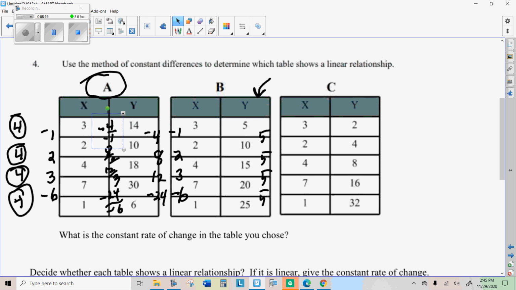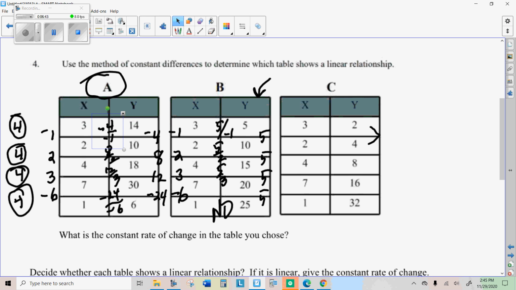And if you divide the difference in y by the difference in x, in other words, find the slope there, you get negative 5 for the first two numbers, 5 over 2 for the second two, which is 2.5, 5 over 3 for the third one. These ratios are not the same. So this one's going to be a no.